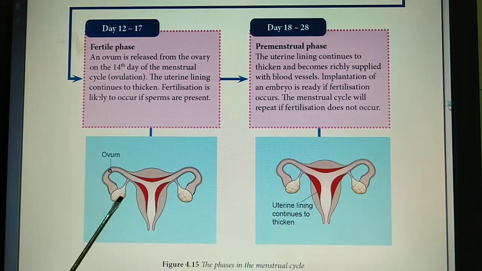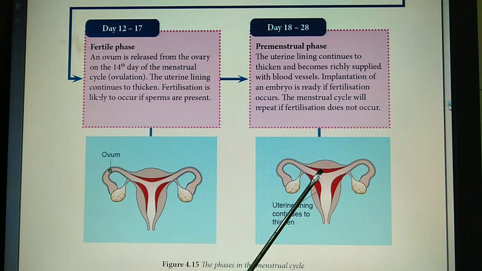So from here we can see in the fertile phase, the ovum is released. If sperm exists here, fertilization will occur, and then it will form a zygote. The zygote will flow and be attached to the uterine lining. That's why the uterine lining will become more thickened.